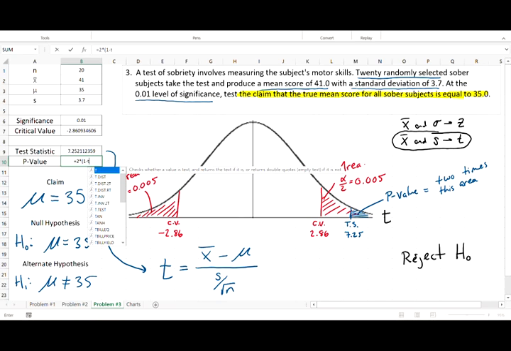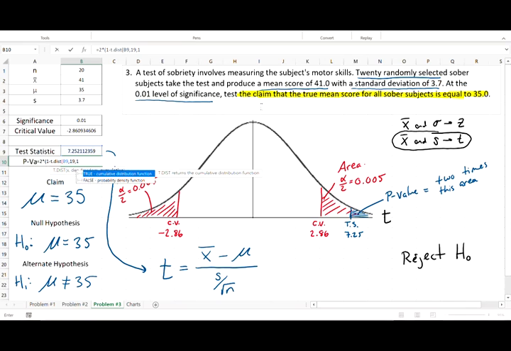So that's T.DIST, the T distribution. The x value is this test statistic, comma, the degrees of freedom again is 19 because n is equal to 20, and for cumulative, we use 1.